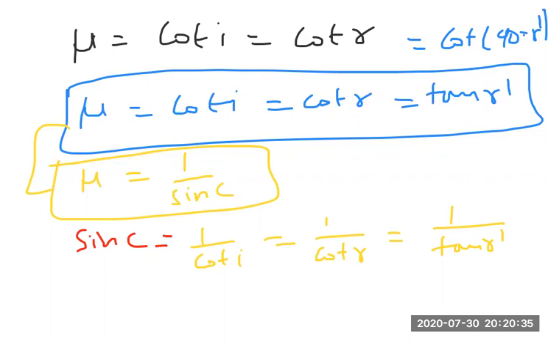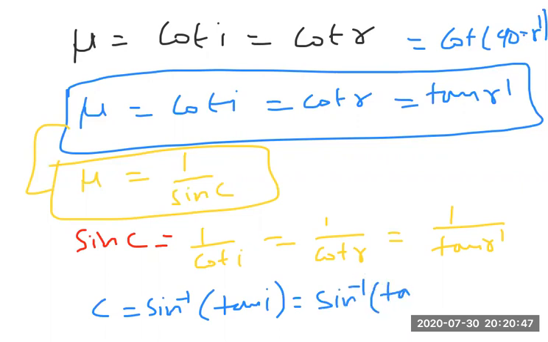So finally I can write C is equal to sine inverse of tan I, which is equal to sine inverse of tan r, which is equal to sine inverse of cot r dash. This is the formula which we can make.